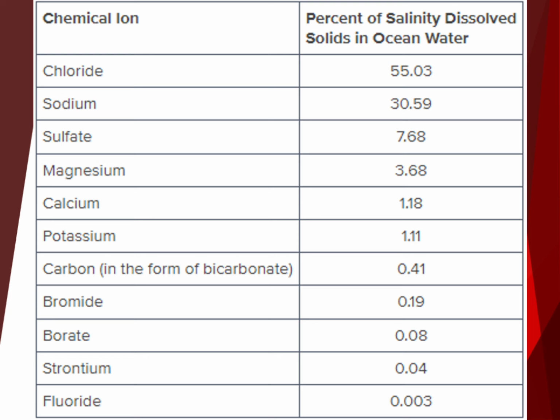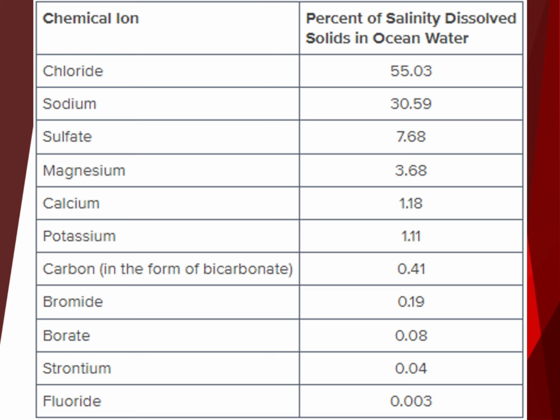The 6 most abundant ions in the ocean are called major constituents. They are the chloride ion, the sodium ion, the sulfate ion, the magnesium ion, the calcium ion, and potassium ion. Again, these are major constituents.